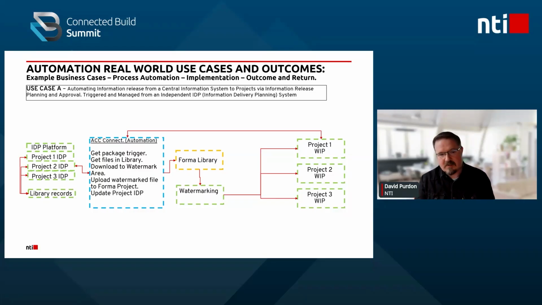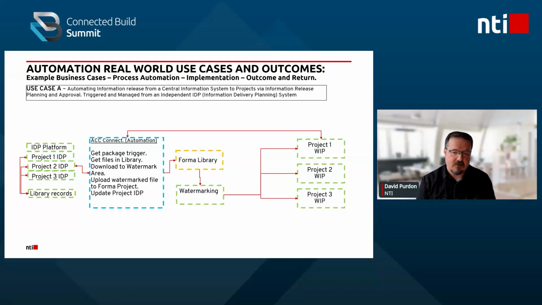So the way that worked is that a person would go into the project IDP, they would select a package and they would say release to project 1. That would be the signal for the automation to now go into the library, scan all the files, collect all the files that are contained in that package, and then pick them up from the Forma library, which is their central library where they all host their information.